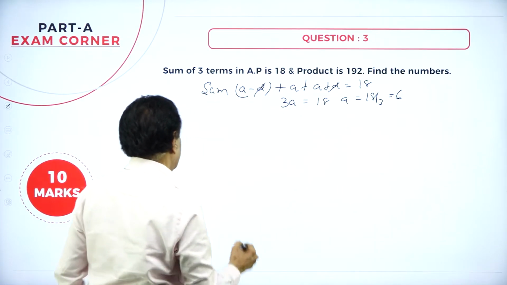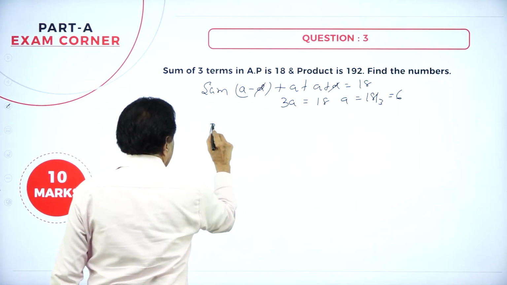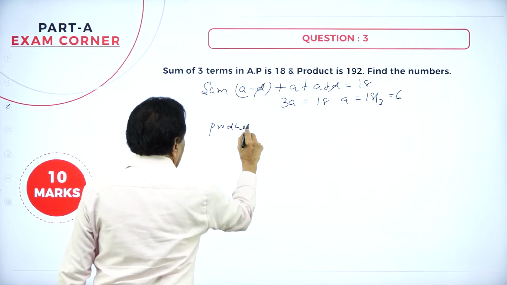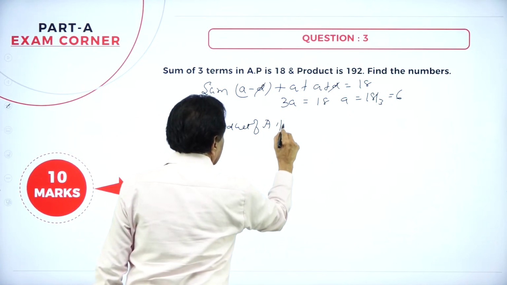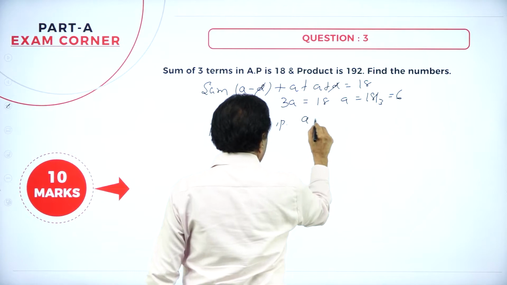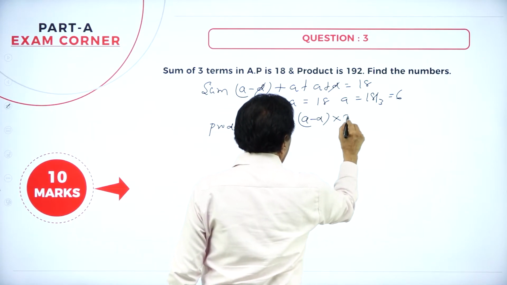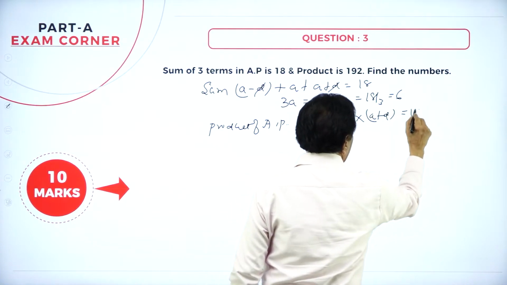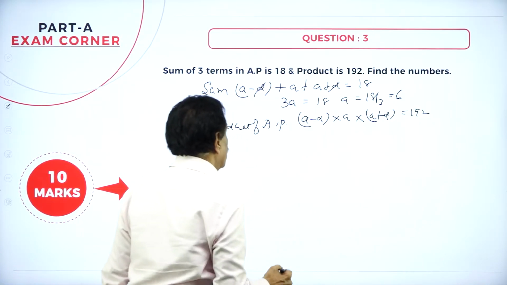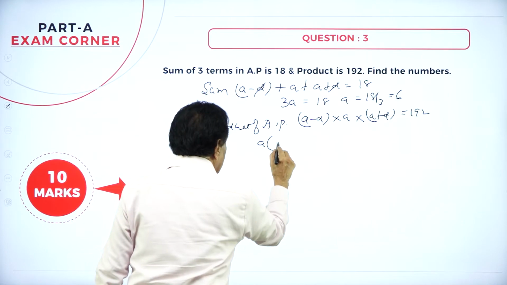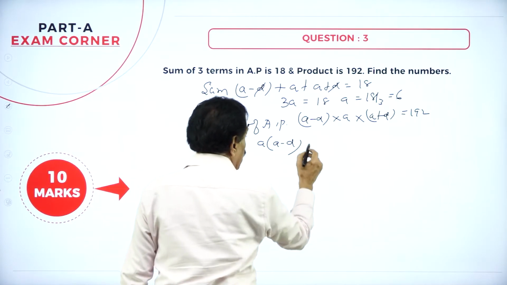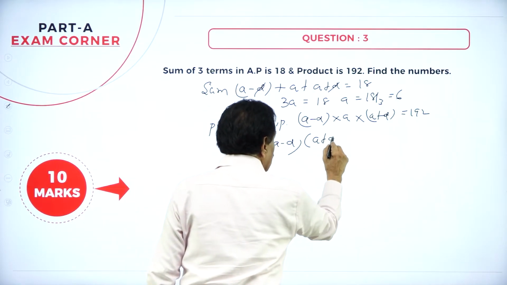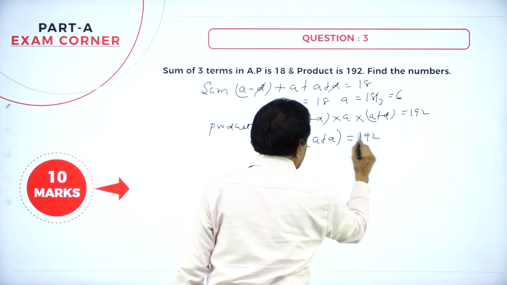Then product of AP: A minus D into A plus D is equal to 192. Or we can say that A into A minus D into A plus D is equal to 192.